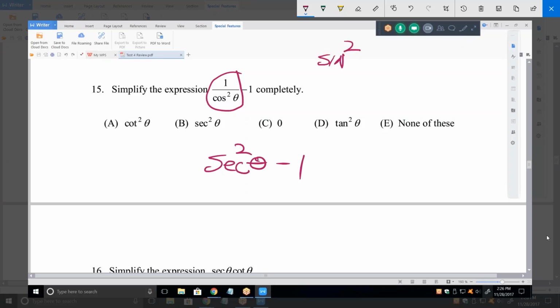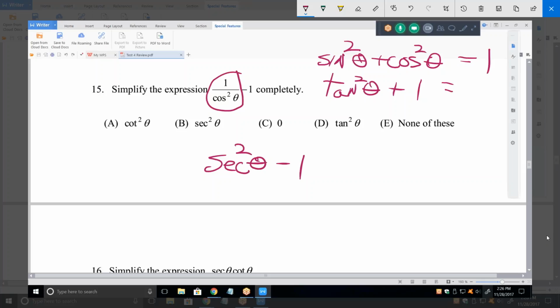Sine squared plus cosine squared. What's that equal to? 1. Tangent squared plus 1 equals secant squared.